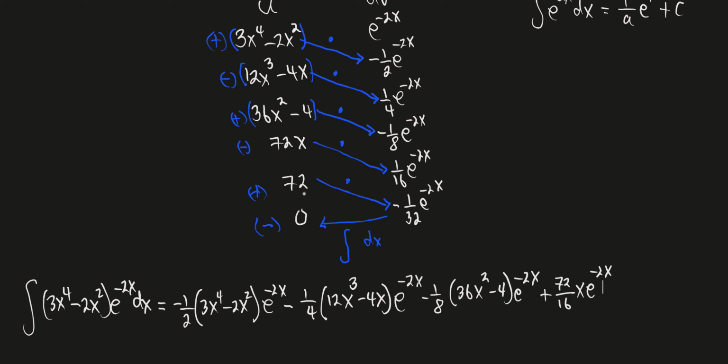Oh, wait, one thing here. So this one's a negative because of this negative sign there. This one's also going to be negative because that's a plus, but we have a negative sign here. And multiplying those two gives me a negative 72 over 32. So negative 72 over 32 e to the negative 2x.